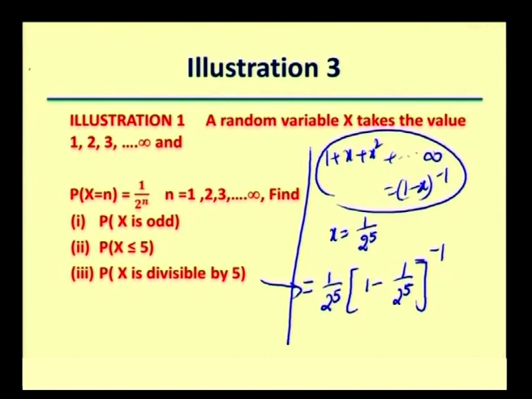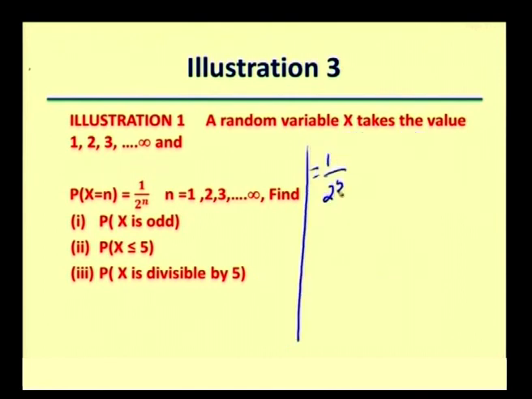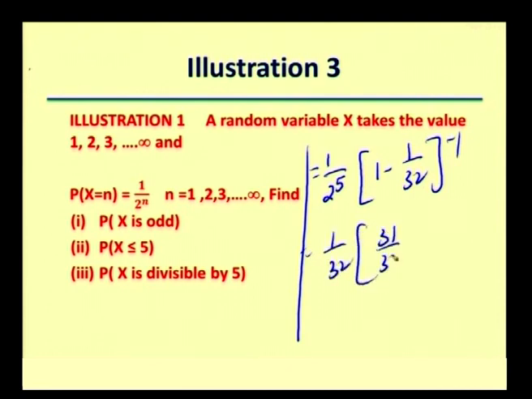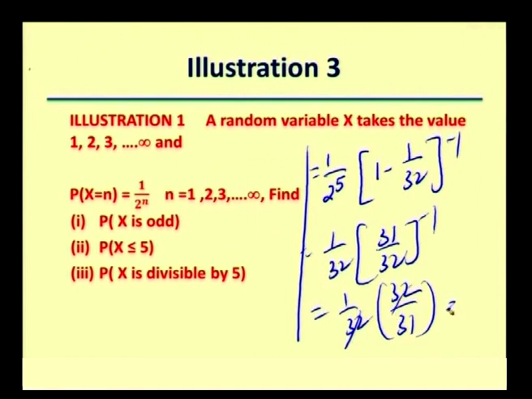Simplifying this, we get (1/2)^5 times (1 minus 1/32) whole power minus 1, that is 1/32 into (31/32) whole power minus 1. So 1/32 times 32/31, 32 gets cancelled, the answer is 1/31. So, P of x is divisible by 5 is equal to 1/31.